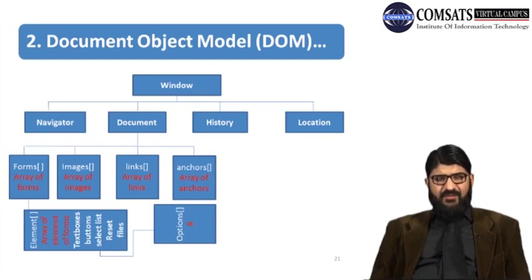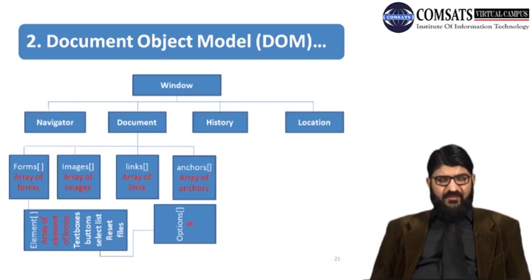So these are the 4 different ways through which an HTML page can be manipulated or controlled. As the DOM model is concerned with HTML documents, the hierarchy is expanded for the documents. The documents can include forms, images, hyperlinks, and arrays.